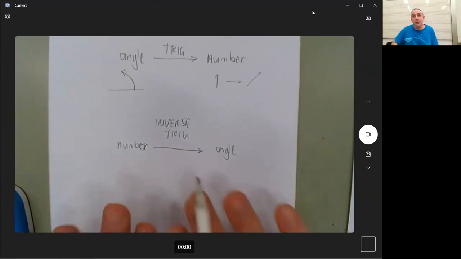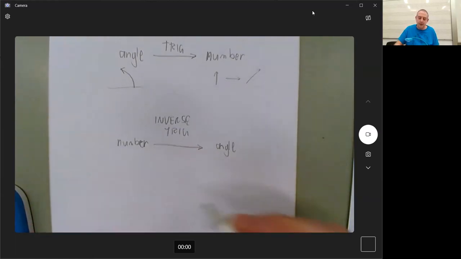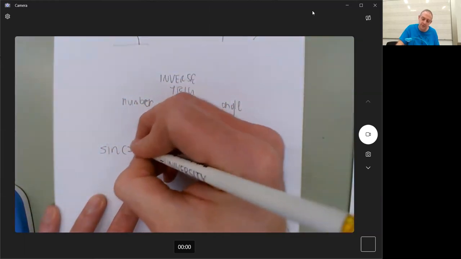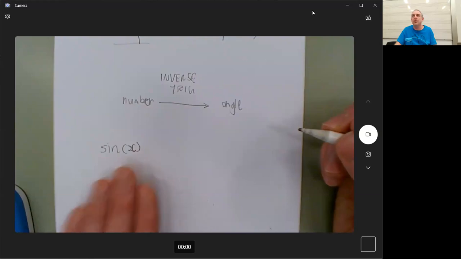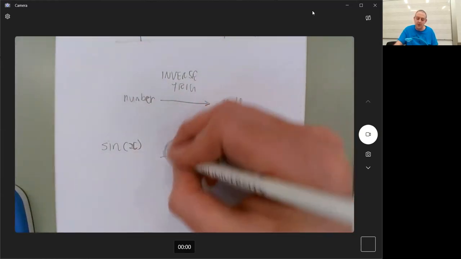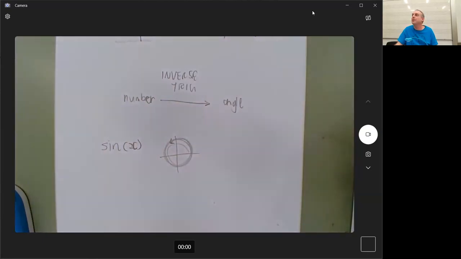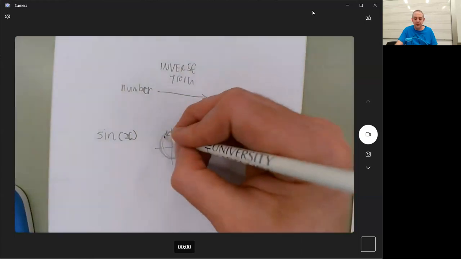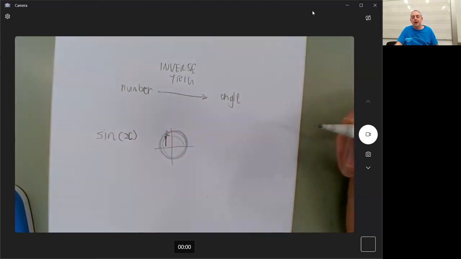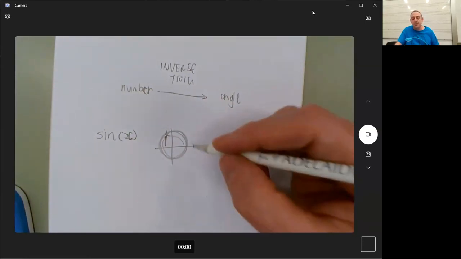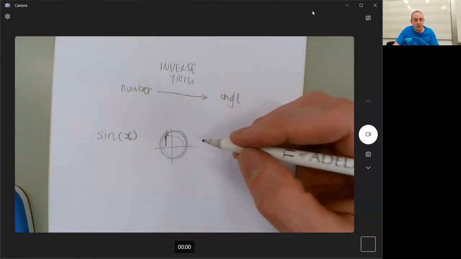But there is a problem in that, for example, sine of x will take any possible angle anywhere around this circle, even if you went around 27 times, and it will produce a number, which is this height here. So sine x takes an arc length, and it produces the height of the point above the x-axis.